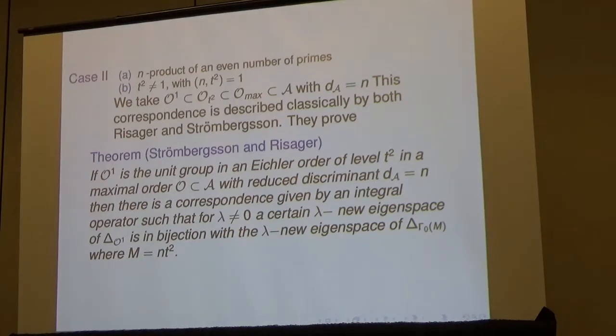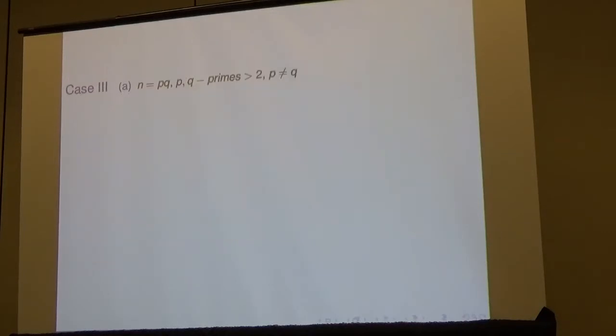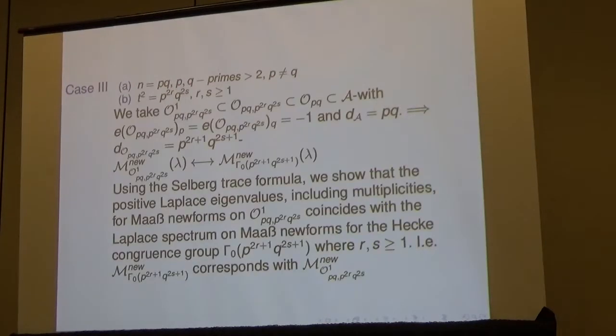And then the third case, what we did was to take n to be pq, where p and q are primes, and here we were able to use the Selberg trace formula to show that, once again, we have this equivalence of the positive Laplace eigenvalues, including multiplicities for Maass forms.